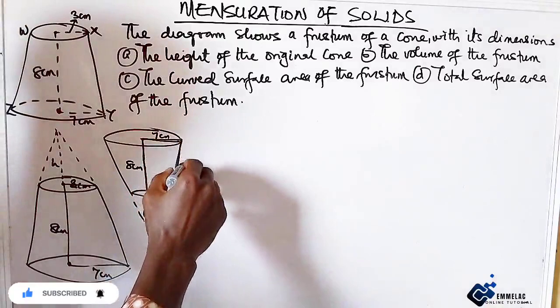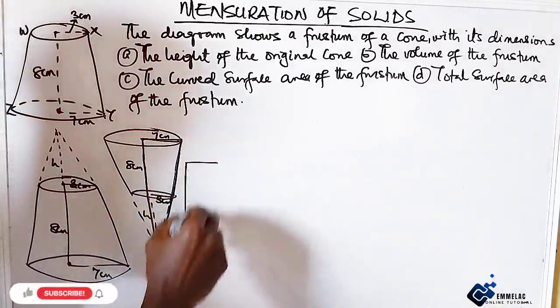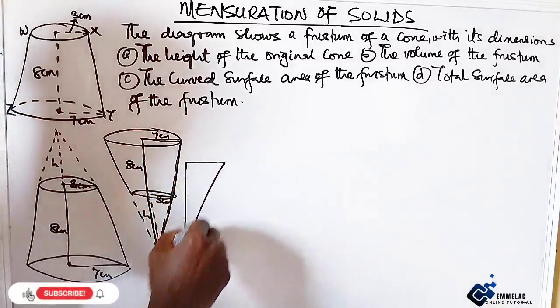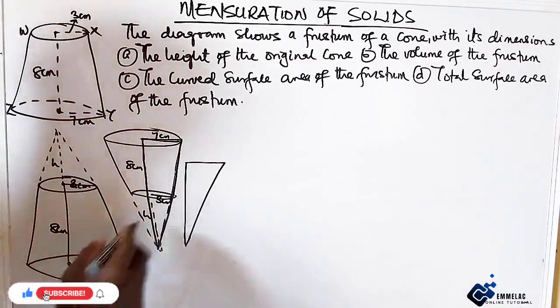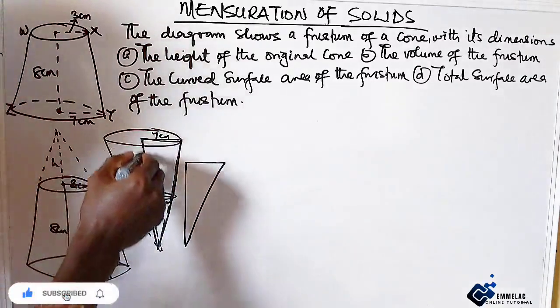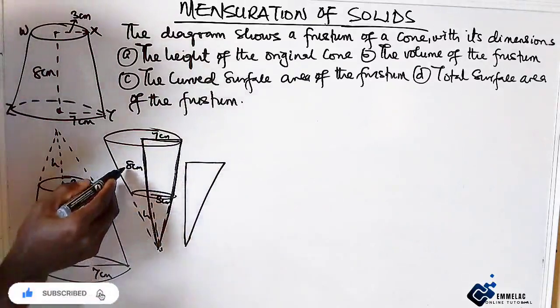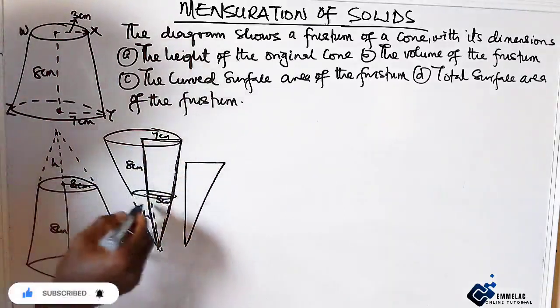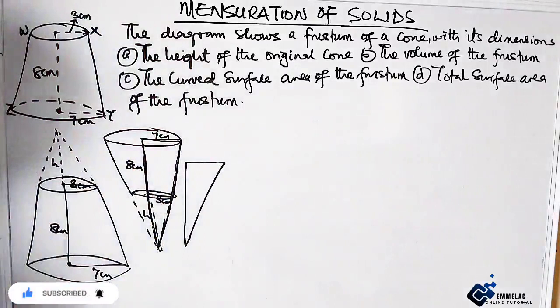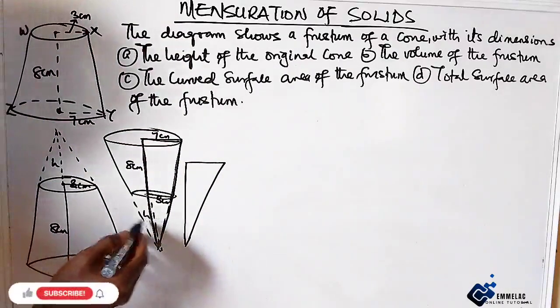So we have something like this. Where the total height, from here to here, is 8, and from here to here is h, small h.